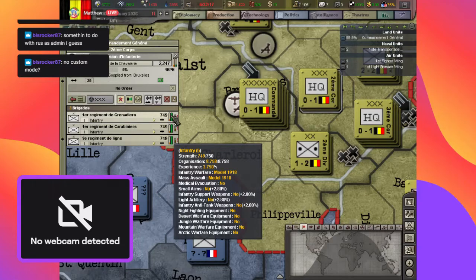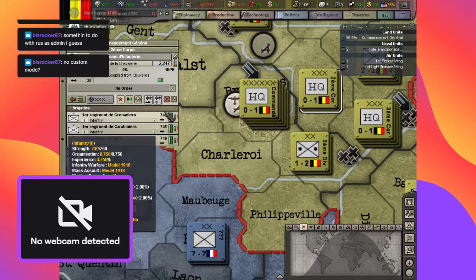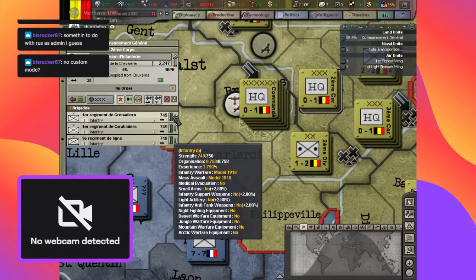That means your units will fight longer without retreating. Yeah, organization. Okay, so that organization's important.